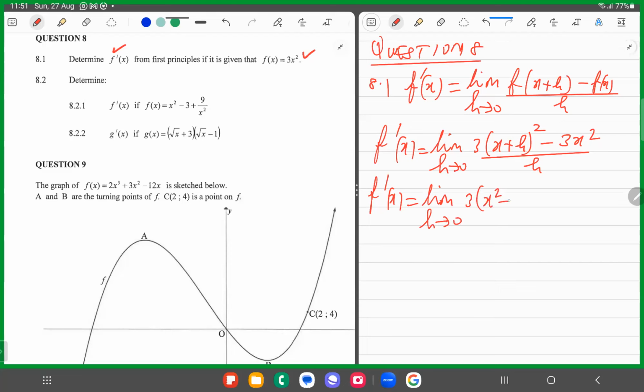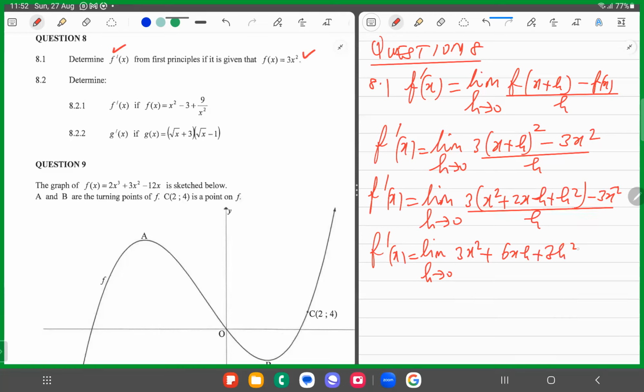So this is x squared plus 2xh plus h squared, divided by h, which is 3x squared plus 6xh plus 3h squared minus 3x squared.